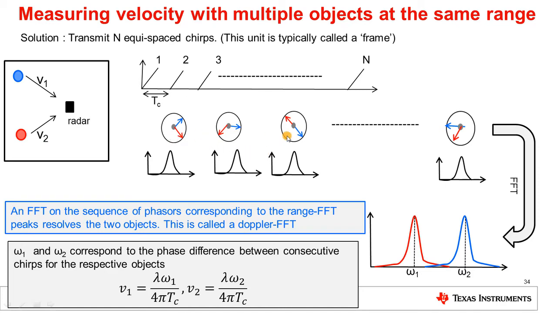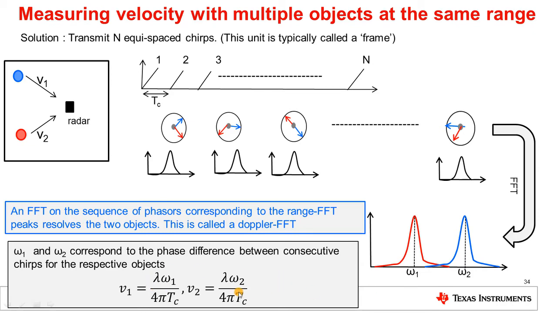So an FFT on this discrete sequence would then show two peaks corresponding to discrete angular frequencies of omega 1 and omega 2 respectively.